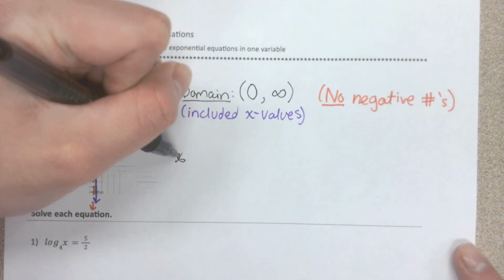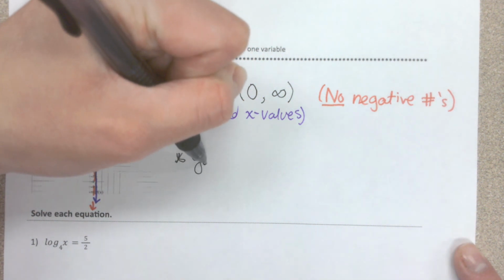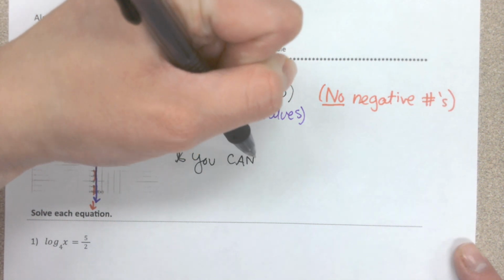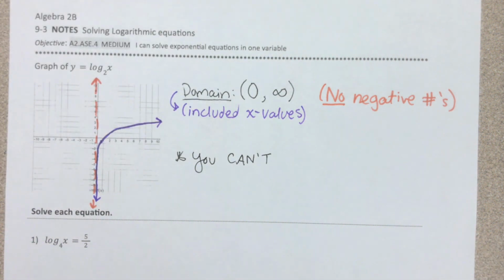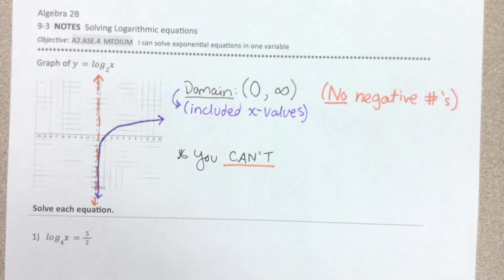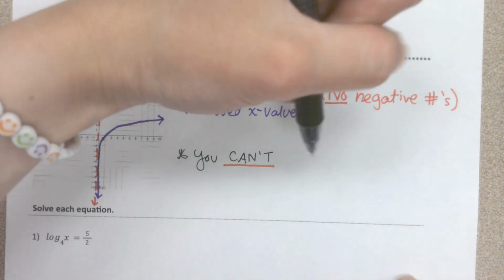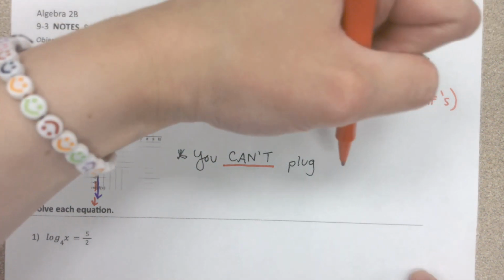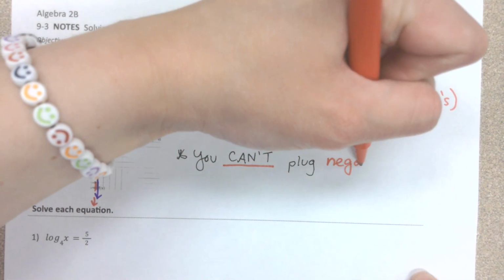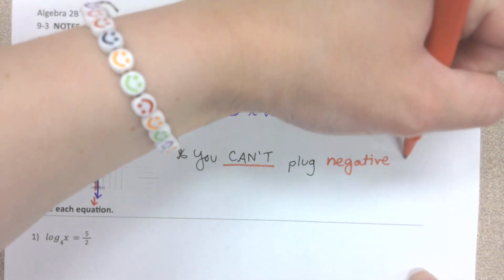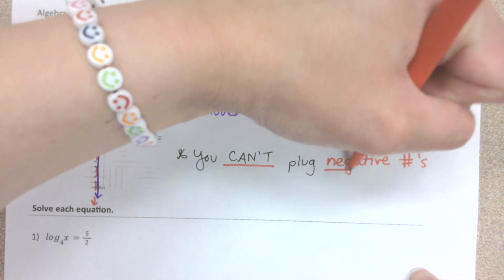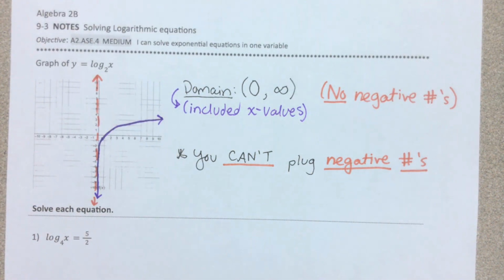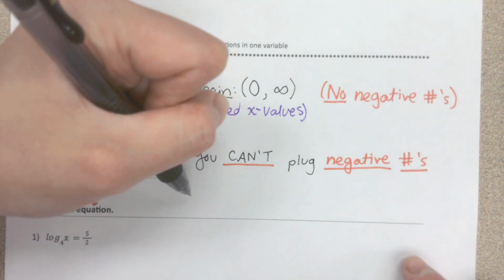So the main takeaway, you can't, absolutely cannot, plug negative numbers into a log.